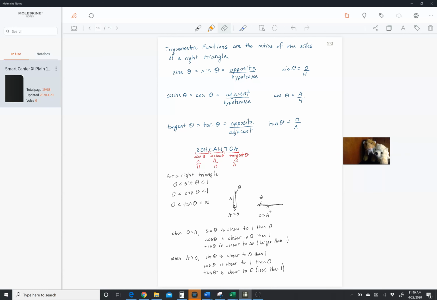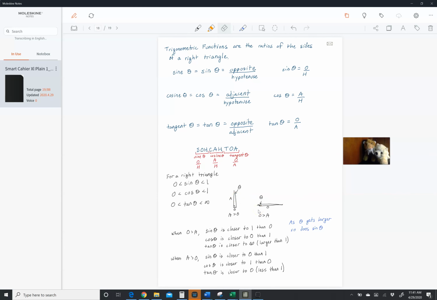So let's just write that down. So as theta gets bigger, so does the sine. Okay, because you could see here that our theta is growing.